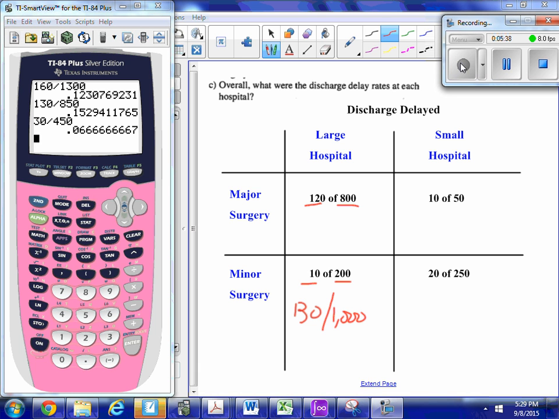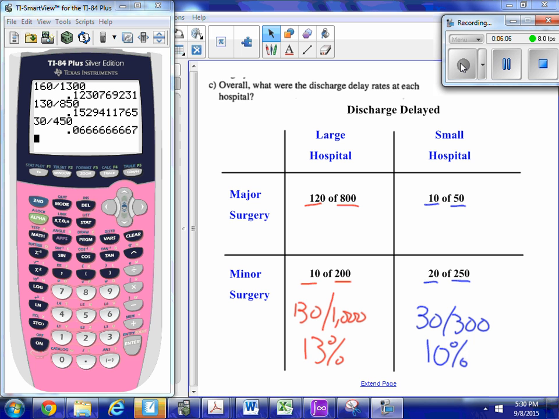So I can see that is a 13% delay rate at the large hospital. And at the small hospital, I had 10 and 20, so that's 30 delays out of 50 and 250, out of 300 patients. So at the small hospital, I only had a 10% delay rate. So pay attention to how we're using this data.